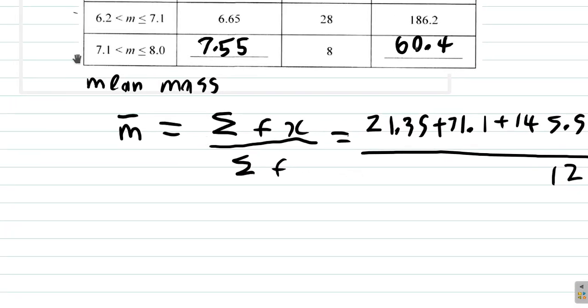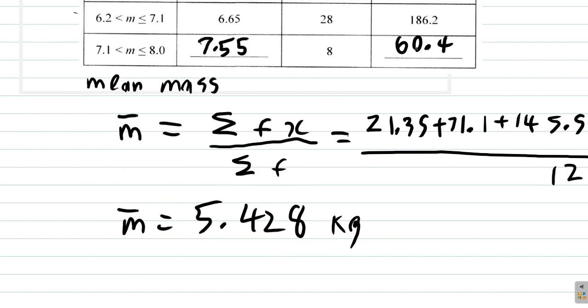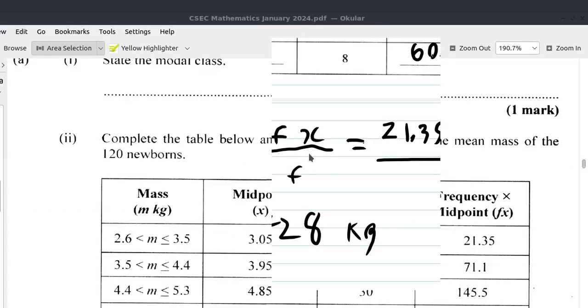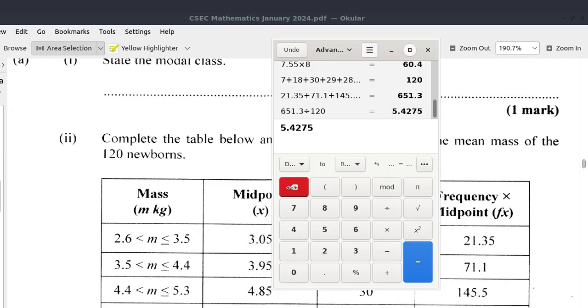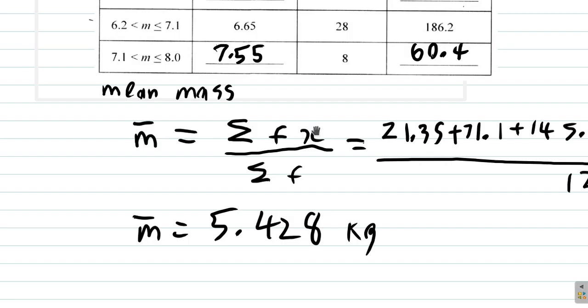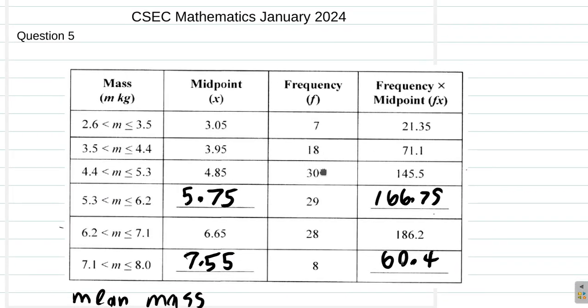So the answer for that, the mean mass is equal to 5.428 kilograms. They have it in kilograms, right? Yeah, kilograms. So that's that.